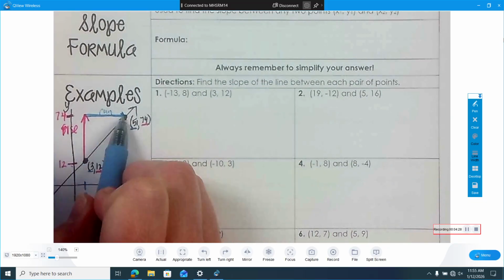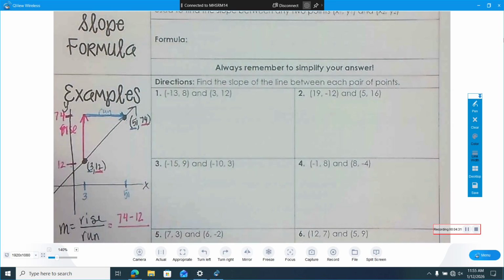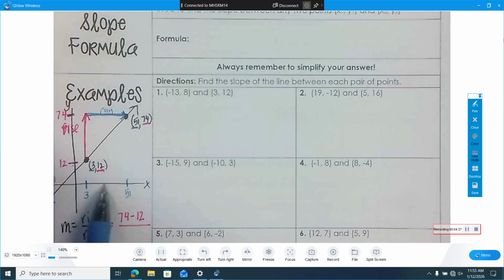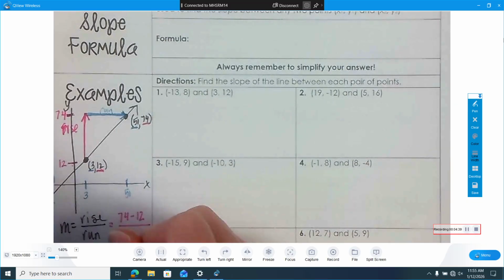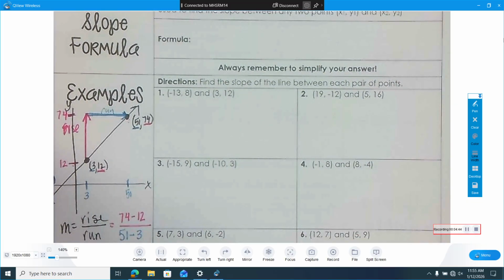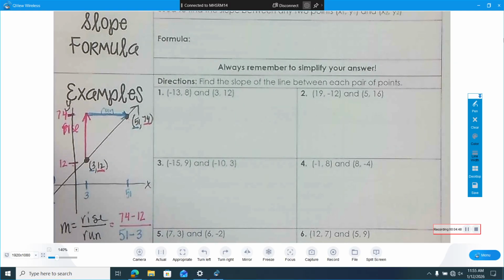And that is the change between those two. So again, if we want to know how far to the right that had to go, it's the same as this distance from 3 to 51. So we can get that by subtracting. Ladies and gentlemen, you just derived the slope formula. You just figured out how we do it.